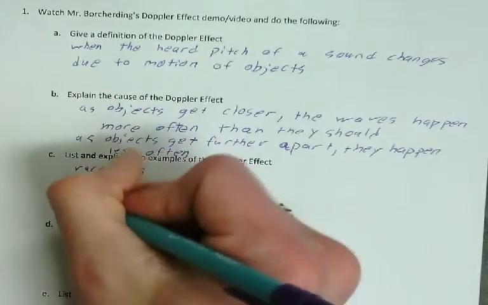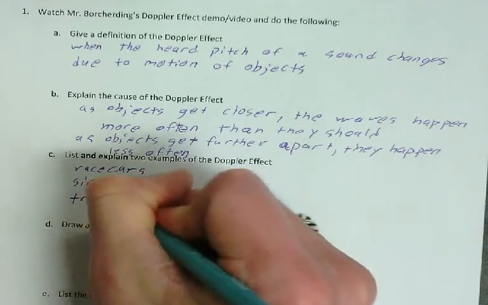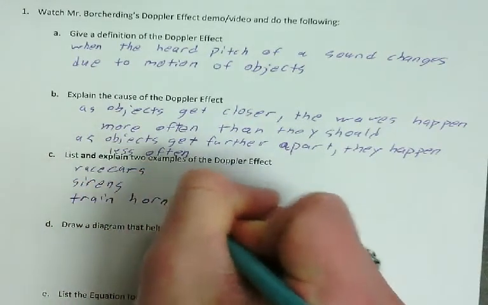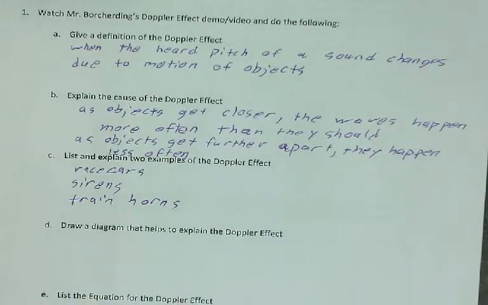Oh, train horns. Okay, when the train's blowing the whistle and it's like, okay, totally like that. That's another example of how the Doppler effect works. So train horns are another good example of them.